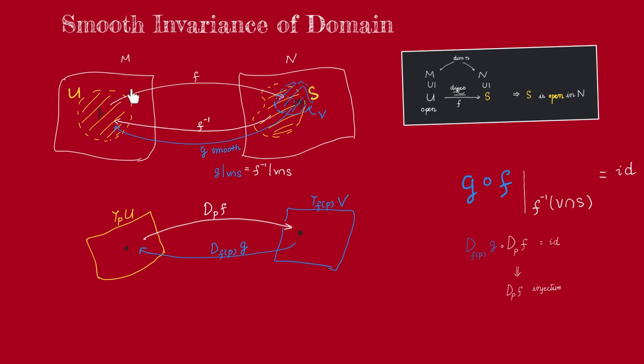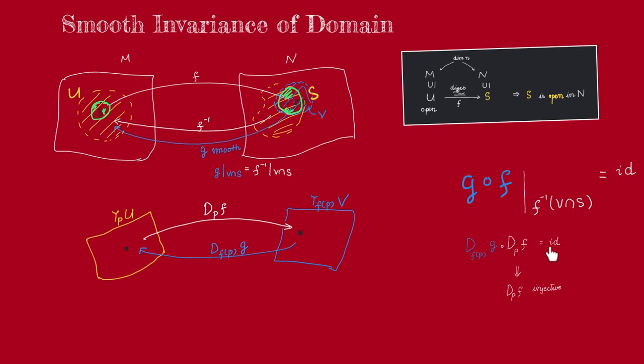Now we want to show that F must be a local diffeomorphism using the inverse function theorem. So observe that on a small neighborhood here, g composed with F is just going to be the identity, because g agrees with F inverse on this neighborhood, which is V intersect S. So if we take the preimage of that in U, then we see that g composed with F on that green neighborhood here must be the identity.